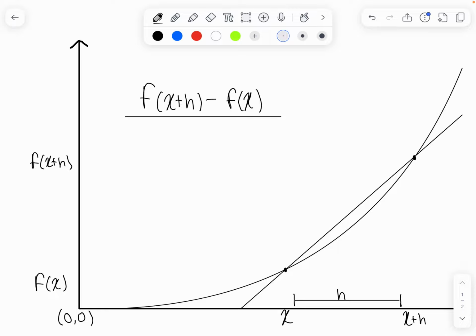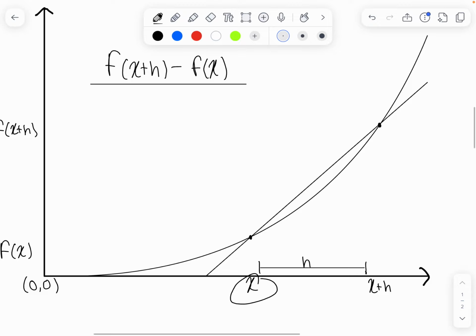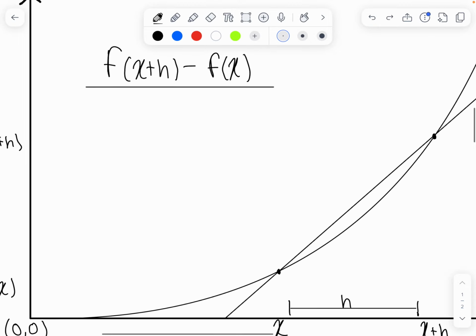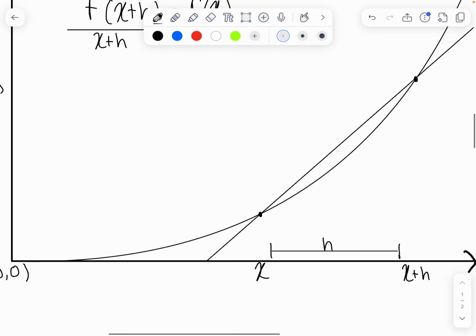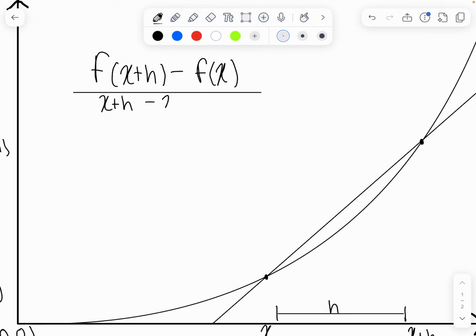Okay, and then it's x2 minus x1. So it's going to be first at this point, since this is x2, so it's x plus h, and then it's this point. So subtract minus x.